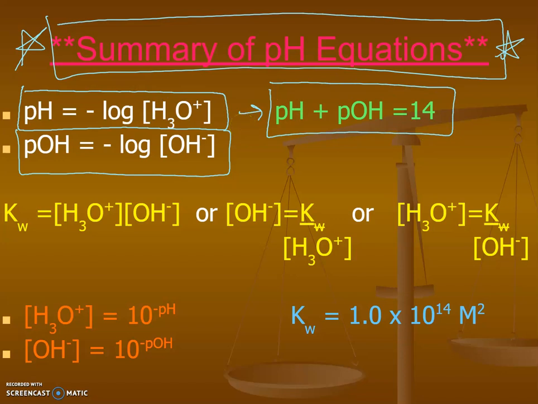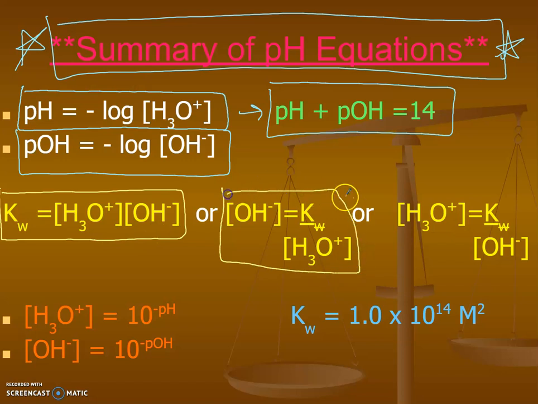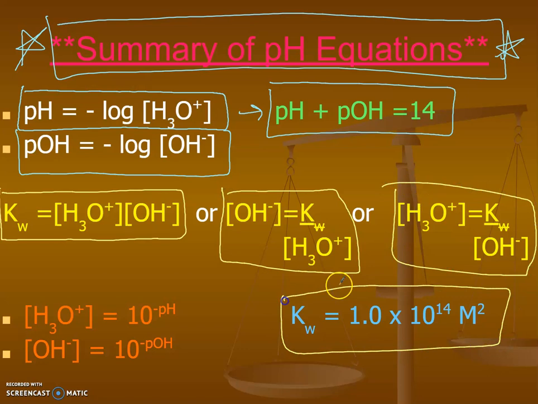You will need to know in some way, shape, or form that Kw expression, where you have the concentration of your hydronium and your hydroxide ions together, and then you can isolate one or the other, and you can plug in the Kw value into any of those two spots.